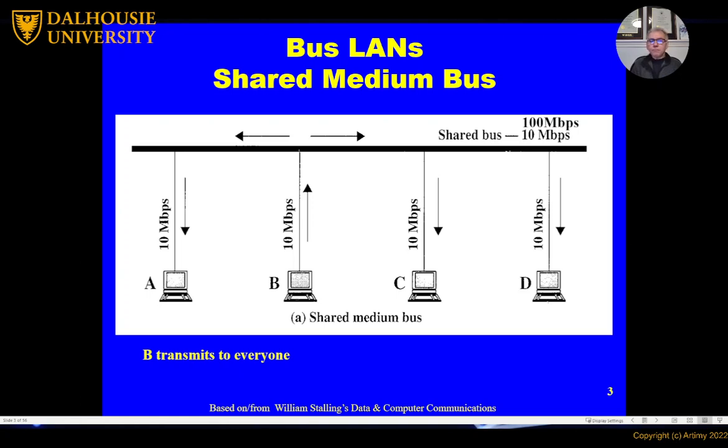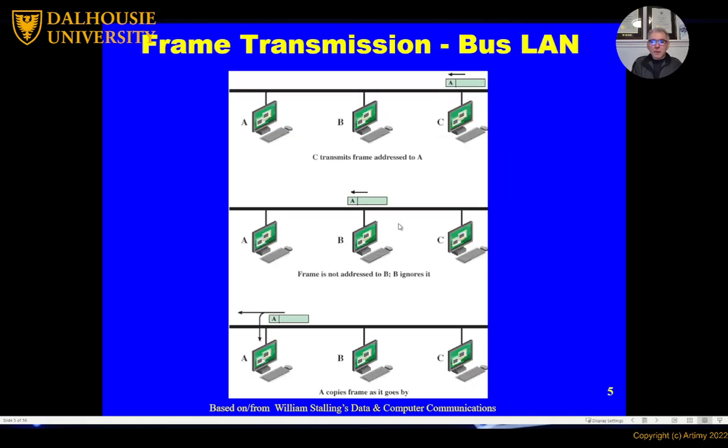So you will see here B is sending, everybody else is listening, but what if A and B send at the same time? Well, we will see that this creates something called a collision, where two signals coming from two different sources will collide, they will destroy each other, and nobody's listening.